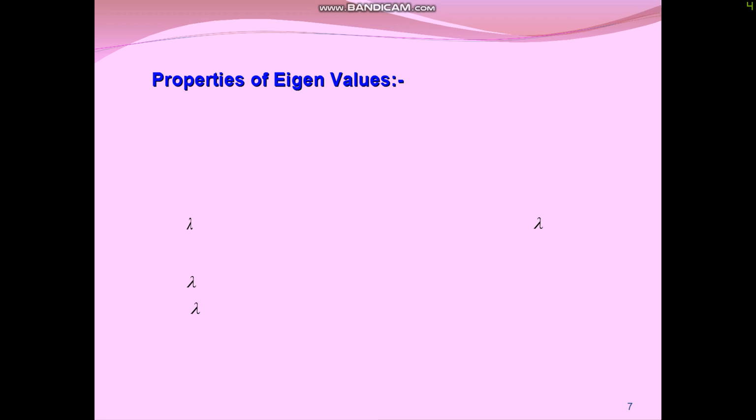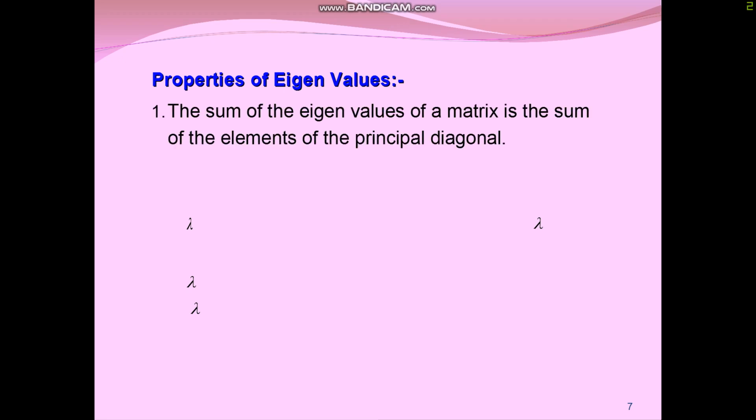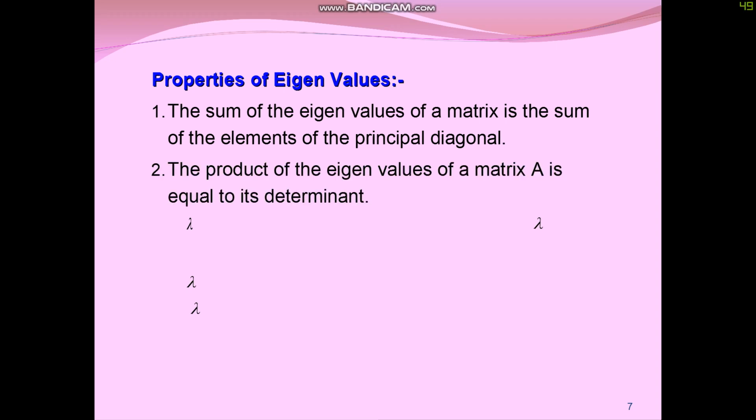Properties of eigenvalues. First, the sum of the eigenvalues of the matrix is the sum of the elements on the principal diagonal. Second, the product of the eigenvalues of the matrix A is equal to its determinant.